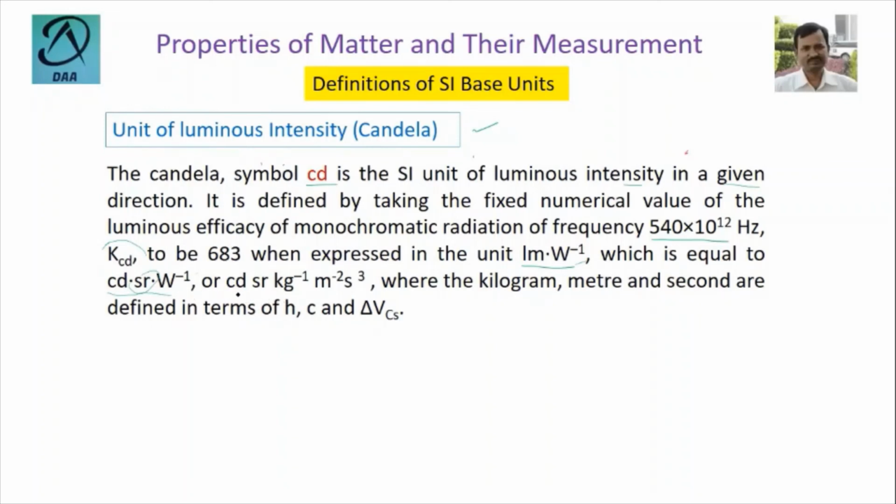Another unit will be cd sr kg to the power minus 1 m to the power minus 2 s to the power 3, and this kg means kilogram, m means meter, and s means second. Already we defined them previously by h, c, and the frequency of the cesium.